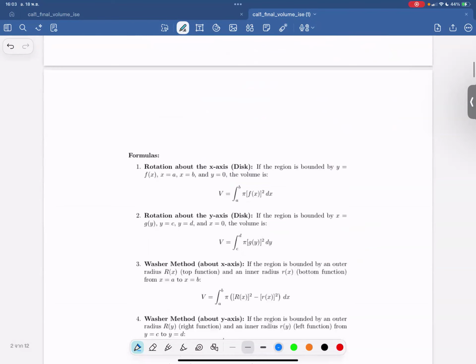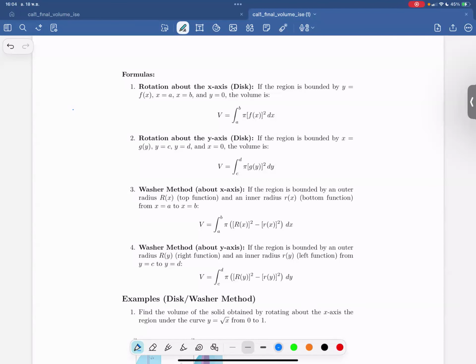For the Disk method, you cut the section, and the section is actually a circle. So if we have a function over here and we rotate it about the x-axis like this, you may obtain a volume that looks like this. You can see that the section is actually a circle with the radius equal to the function, y equals f(x).